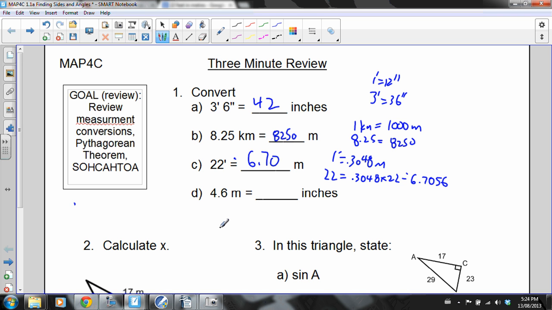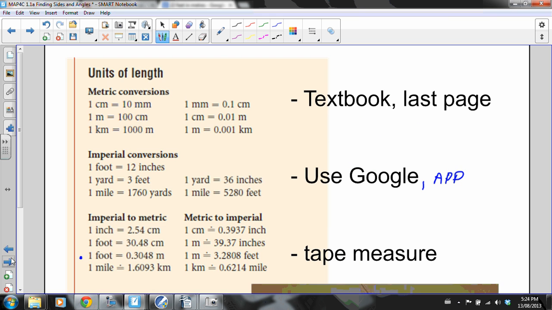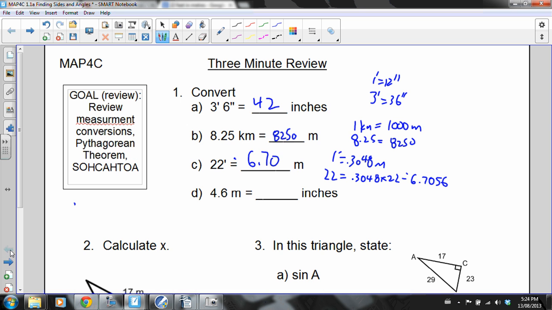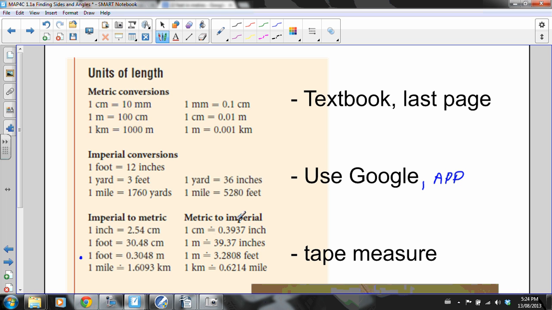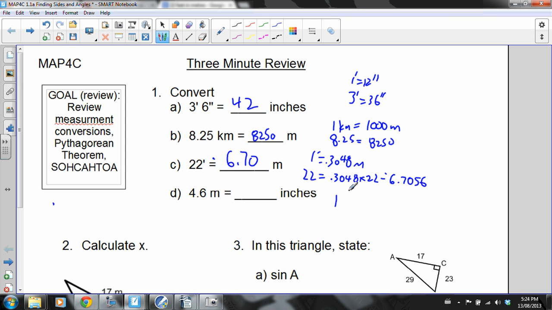Last one in number one. 4.6 meters to inches. Let's look up the right rule. Meters to inches, so metric to imperial, meters to inches. There it is right there. Don't write in your textbook. 1 meter is 39.37 inches. And so then if I wanted 4.6 meters, I'd go that number times 4.6.